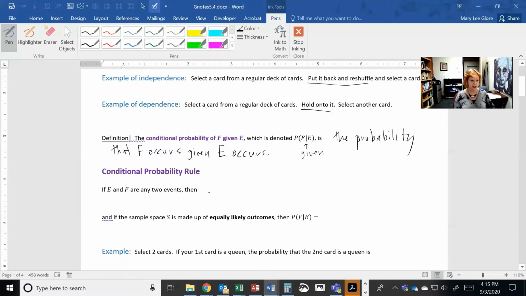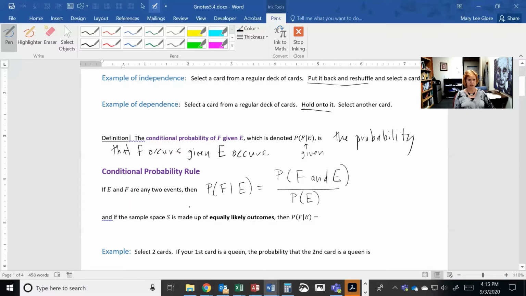Here's what it is. If E and F are two events, then the probability that F occurs given E occurred is equal to the probability of both of them occurring divided by the probability of the given one occurring.